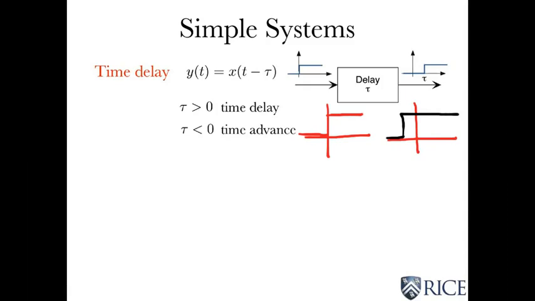So if this is, for example, at -1, this output at time -1 is going to have to occur before it occurs at the input. So somehow the system would have to know the future value, the future behavior of the input signal. That's a little weird. And so time advances are great mathematical things, but building them is more than just a little complicated.